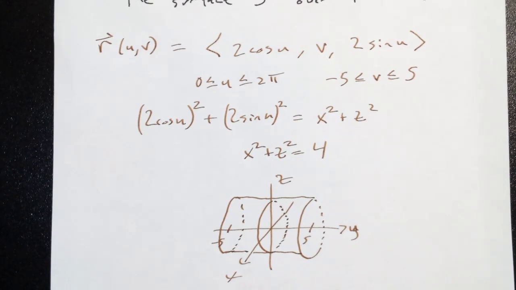Wait a second. If we fix the value of u, then we fix x and z, right? As v changes, what happens for a fixed u?